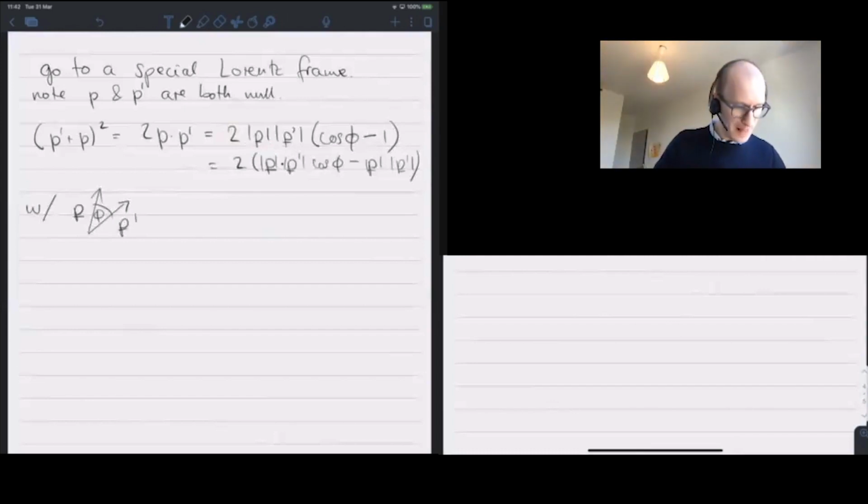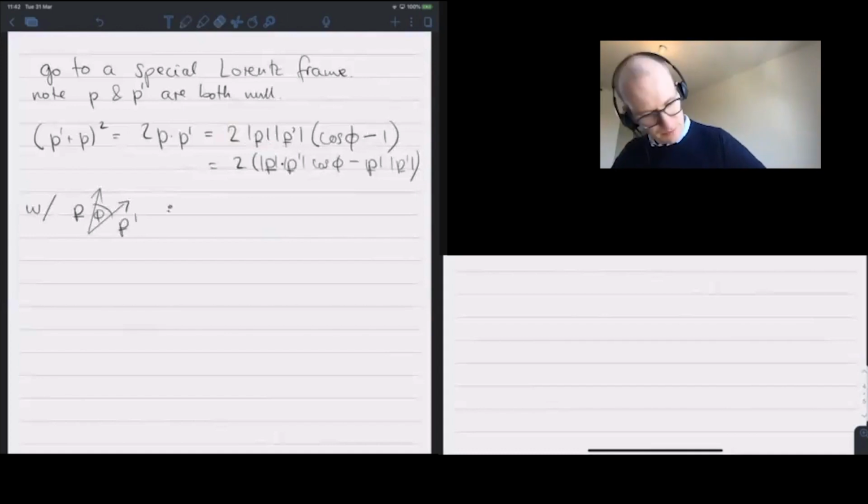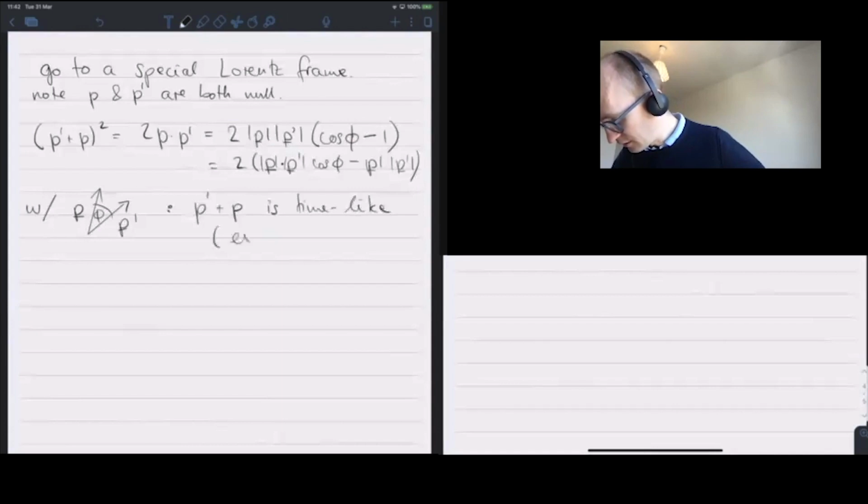What that means is that P prime plus P itself is time-like, except in the special case that phi is equal to 0.